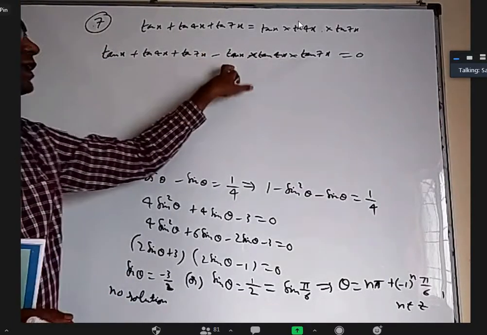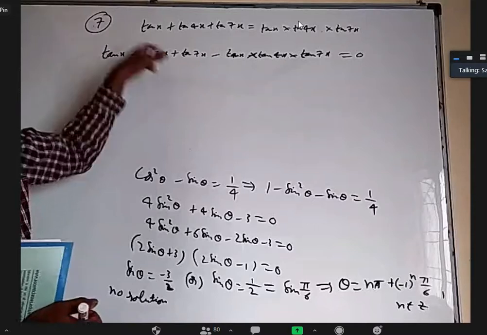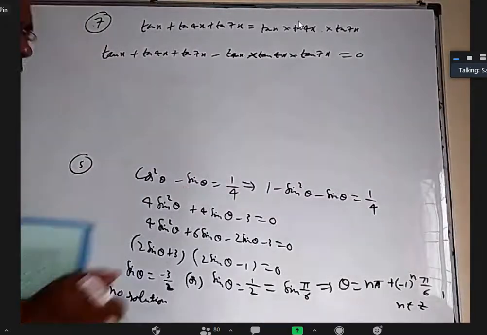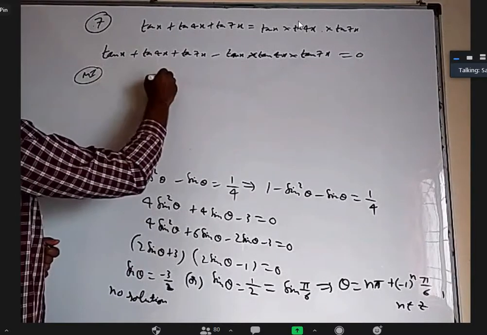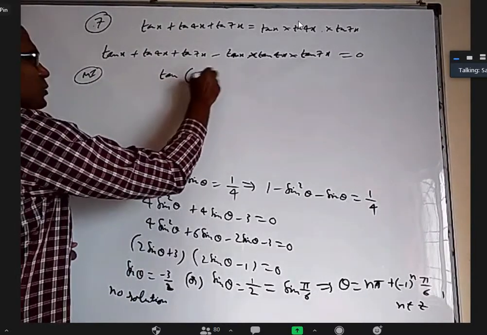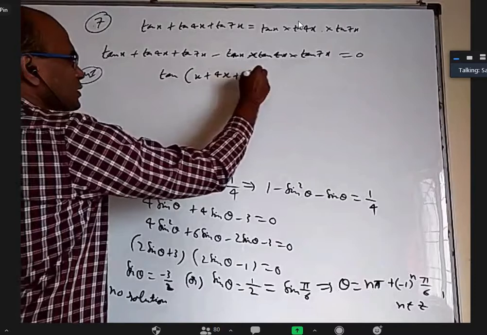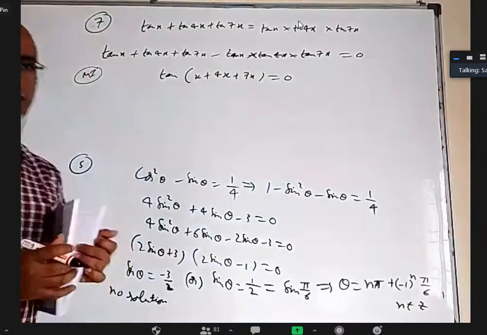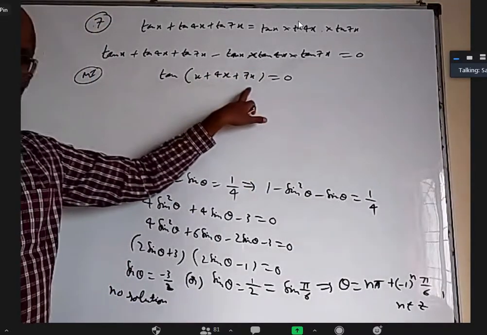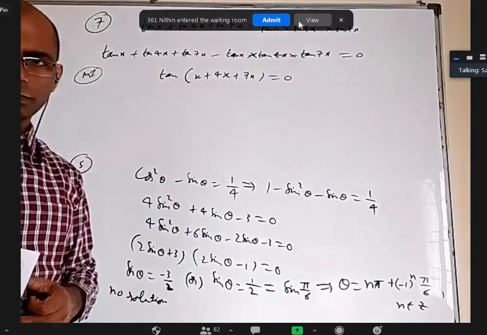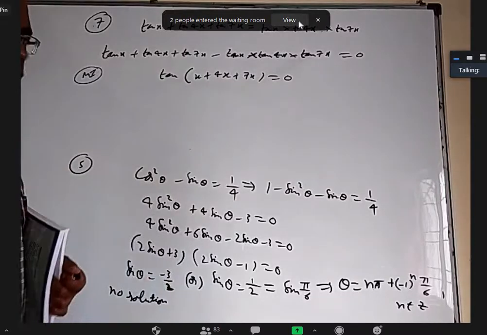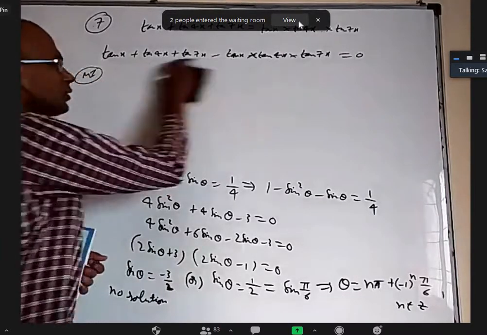If required, I would have taken tan 7x common. I would have got 1 minus tan x tan 4x. I would have divided. Then also I would have got that. Okay. I'll even write that also. Maybe I can say method 1. From this, I can say tan of x plus 4x plus 7x is equal to 0. Because if at all I use tan a plus b plus c formula, my numerator is exactly this. That's why it is 0. Okay. If somebody is not clear, I can even write that also.